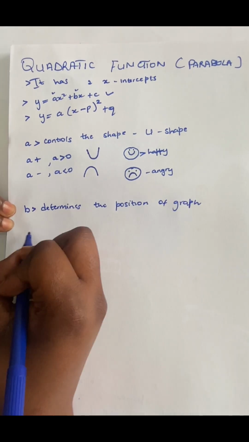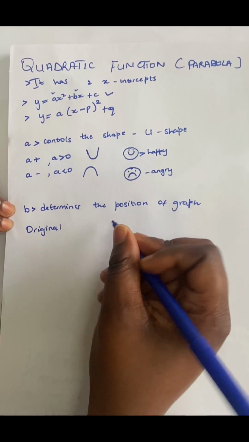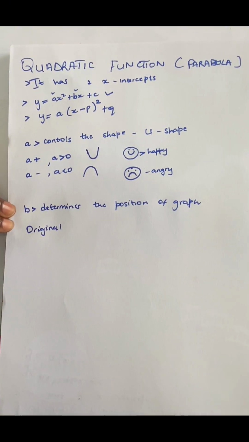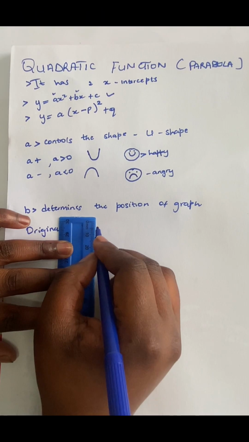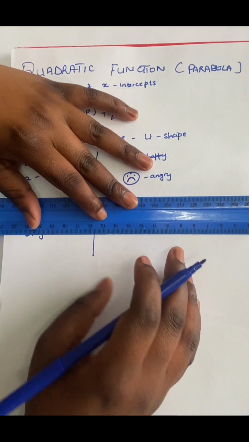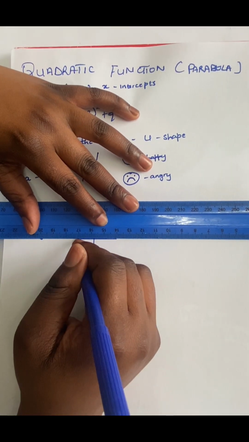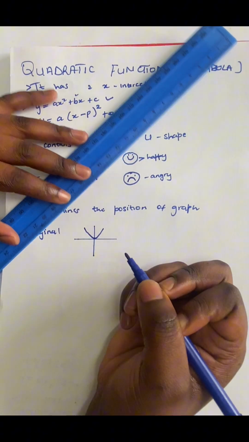Remember your original graph is like this for a quadratic function. Let me just draw a very small graph here, and then it will be like this.